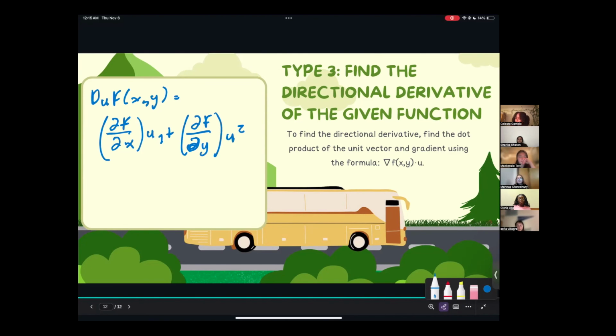And once you find that, you're going to substitute in point (a, b) to find the directional derivative at that point, which will tell you how fast f changes in the direction of u.